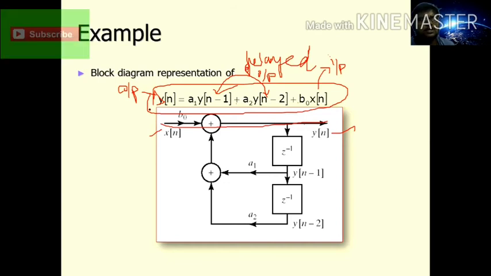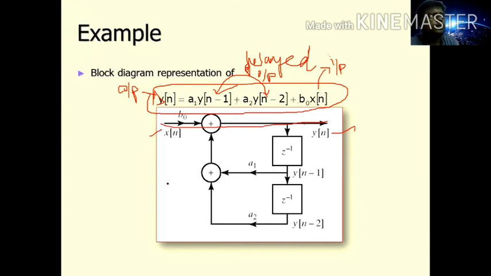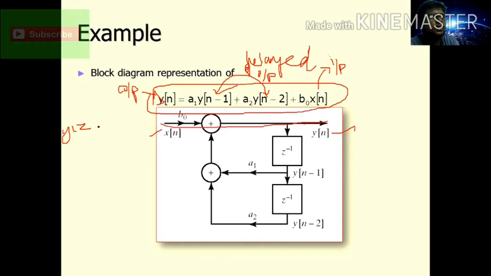Second step is you're just applying the Z transform for this equation. Now when you apply the Z transform, y of n becomes Y of z, which is equal to a1 into y of n minus 1. When I take the Z transform of y of n minus 1, it becomes z inverse, our Z transform is with respect to y, so now it becomes Y of z.